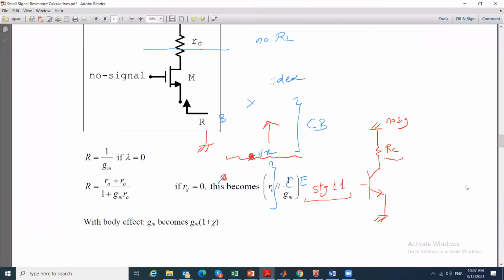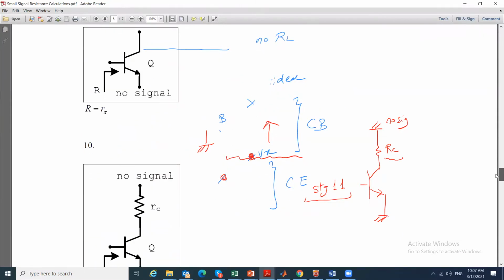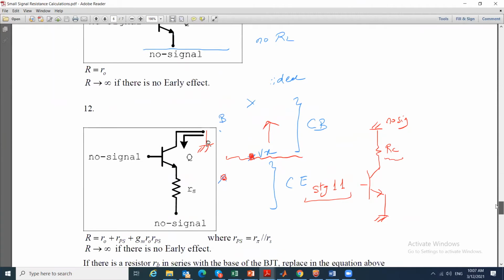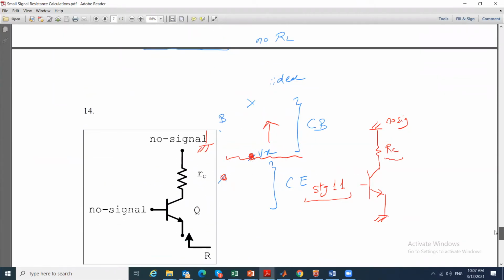And in the resistor sheet, we search for looking into the emitter of the BJT. Okay, so this is the rule, looking into the emitter of the BJT.